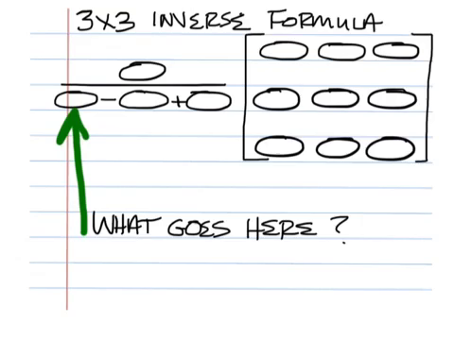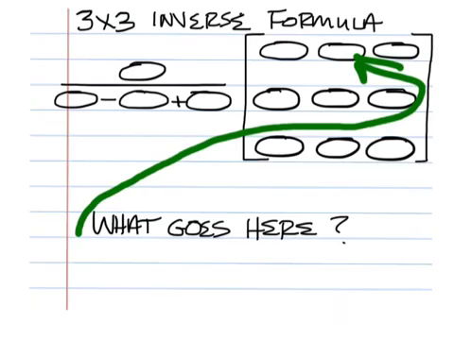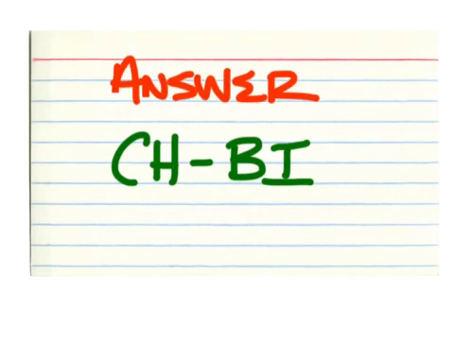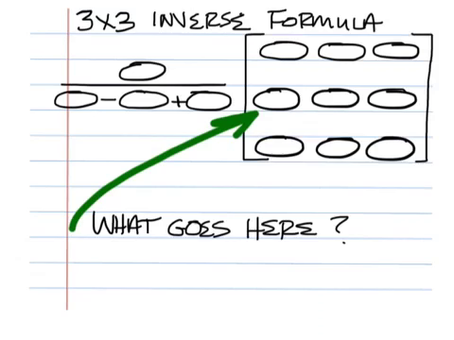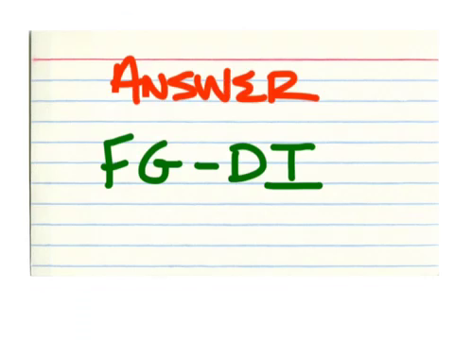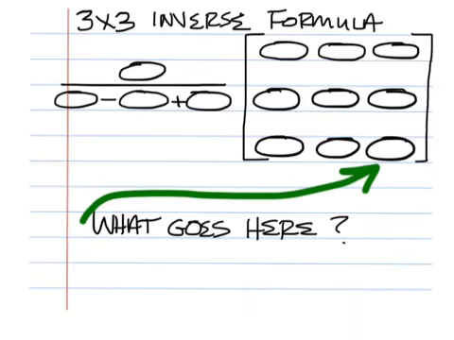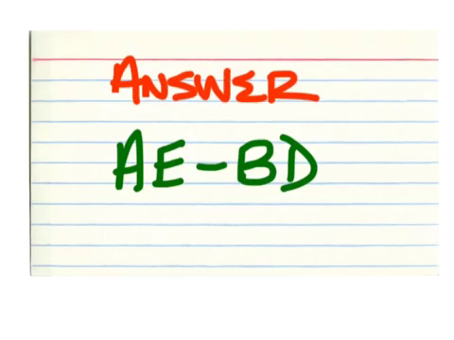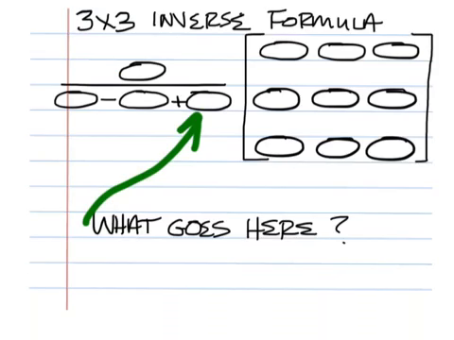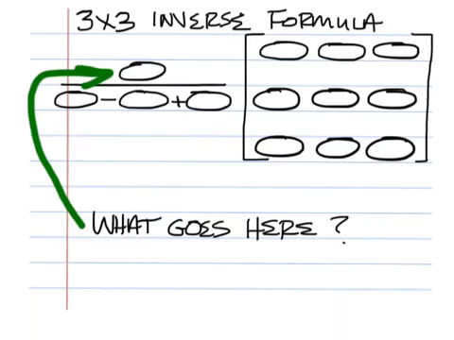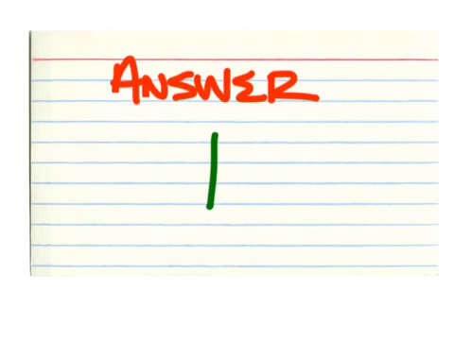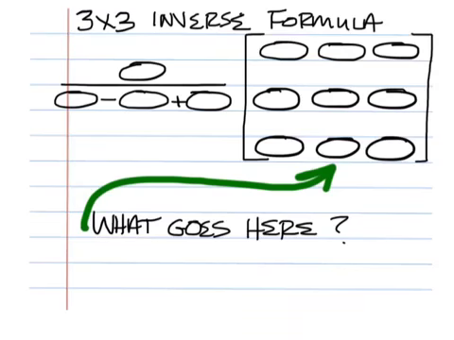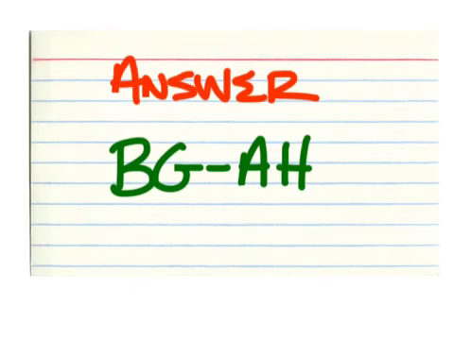A times EI minus FH. CH minus BI. FG minus DI. Minus AH.